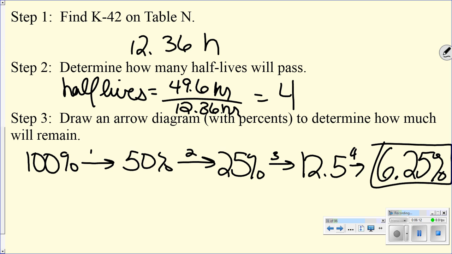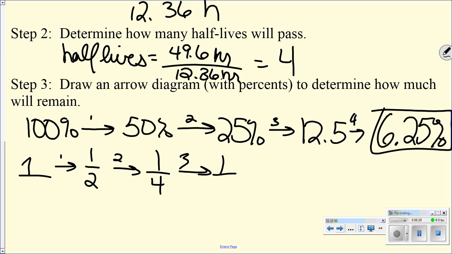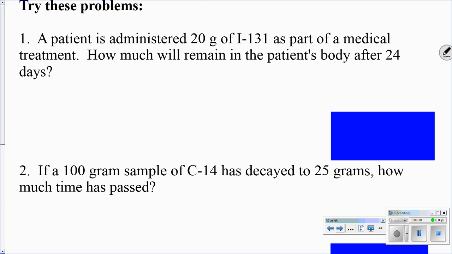Sometimes these are asked with fractions, so I will go through this with fractions also. If you have the whole number 1, a half-life gets you to 1/2. If you chop it again, we'll go down to 1/4, 3rd time, 1/8, 4th time, 1/16. Again, I'm not a huge fan of fractions, but a lot of the time these questions do ask for fractions.